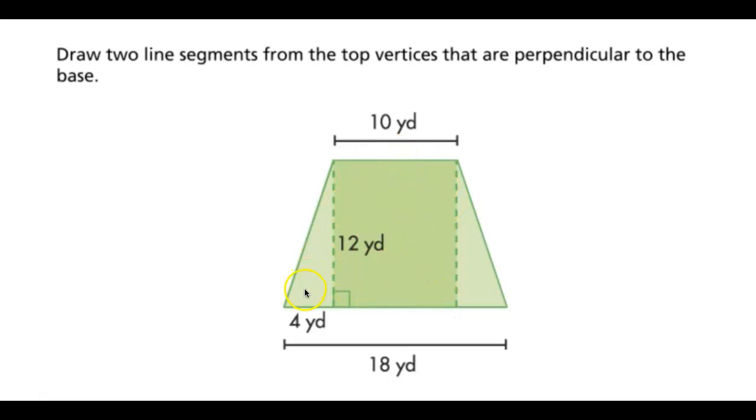So we could create a triangle, a rectangle, and another triangle. So we know that this triangle is 4, and if that's 4, that's also 4. So we'll find the area of the first triangle, the rectangle, and the other triangular side. Exactly the same challenge that we had a while ago.